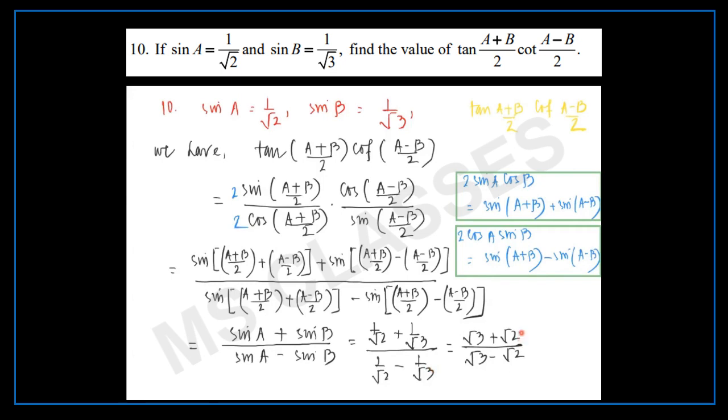We multiply numerator and denominator by root 3 plus root 2. In the denominator, 3 minus 2 gives us 1. In the numerator we have (root 3 plus root 2) whole square, a square plus b square plus 2ab, so that gives us 3 plus 2, that is 5, plus 2 root 6, since root 3 into root 2 is root 6.